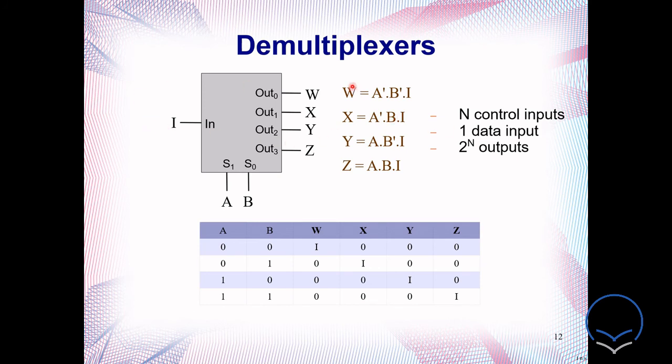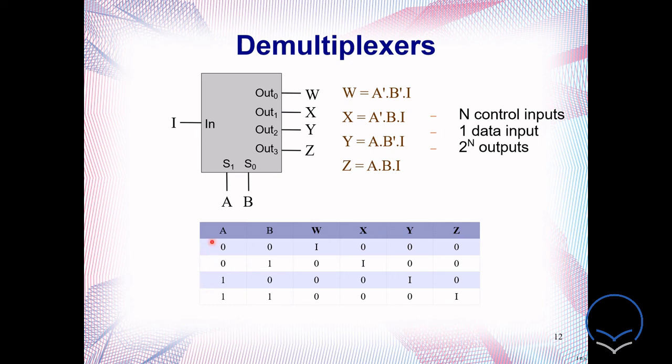Just look at here. This is a 1 to 4 demultiplexer, you can say. So 1 input, 4 outputs. We have two control inputs, so we have four combinations: 0 0, 0 1, 1 0, 1 1.